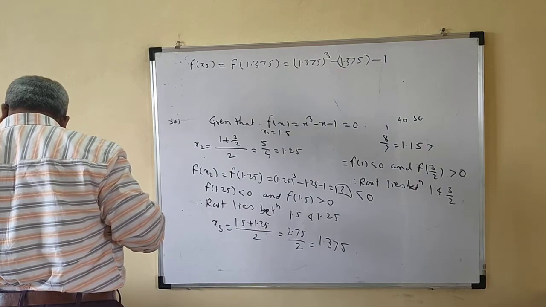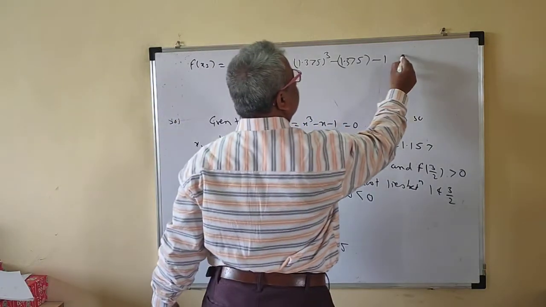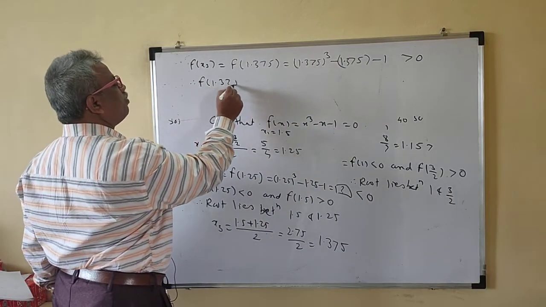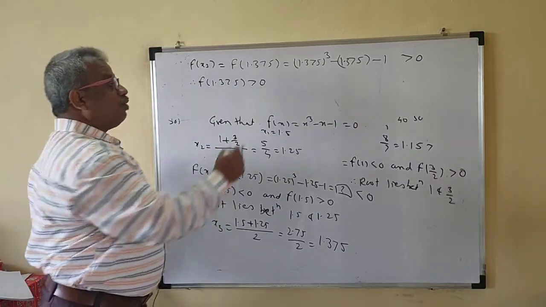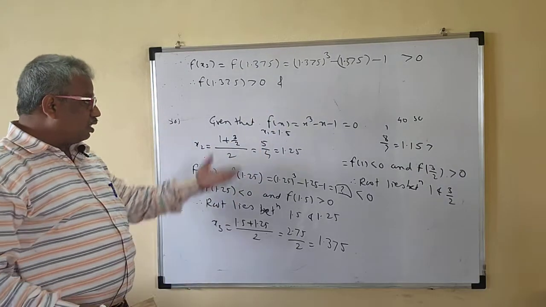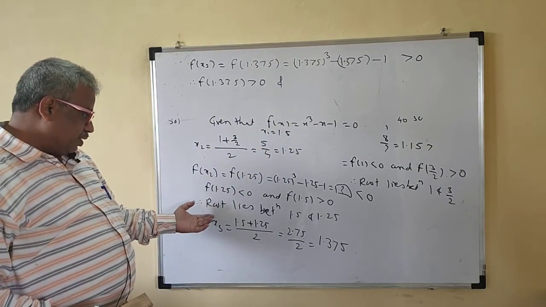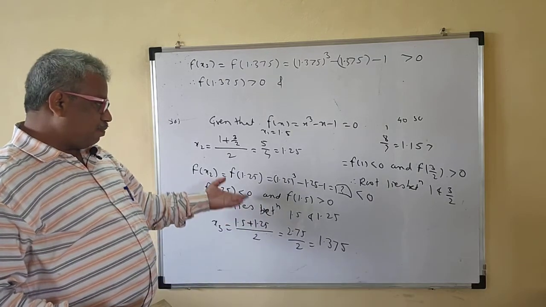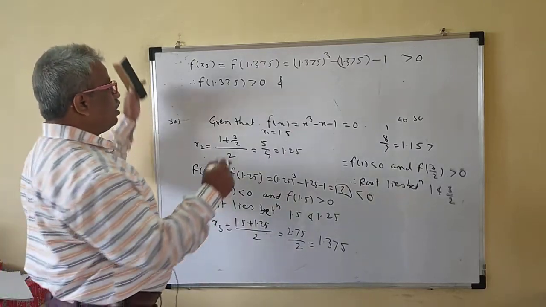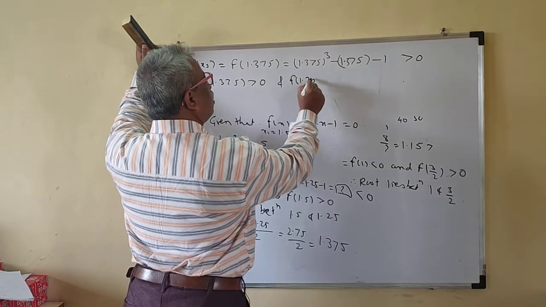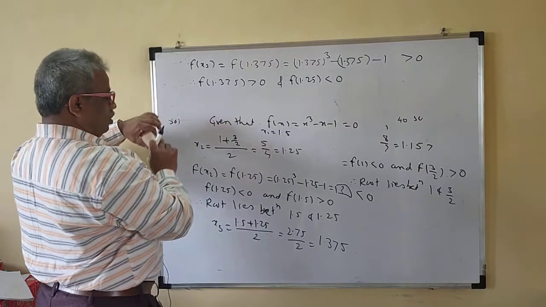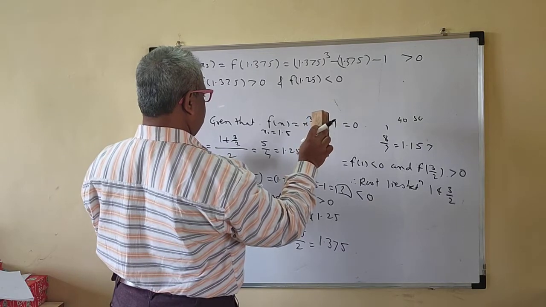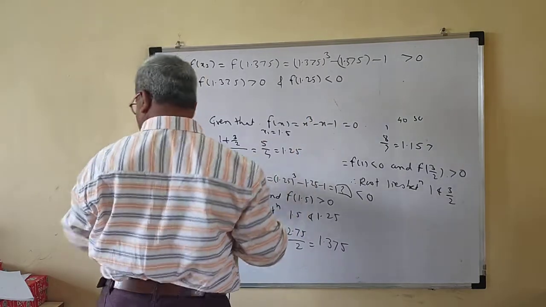You will check that this value is positive. So f of 1.375 is positive. Now which one do you want? Negative. In the previous step, which one is negative? 1.25. So f of 1.25 is negative.